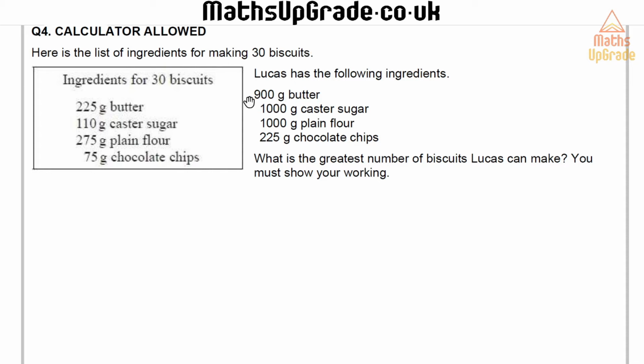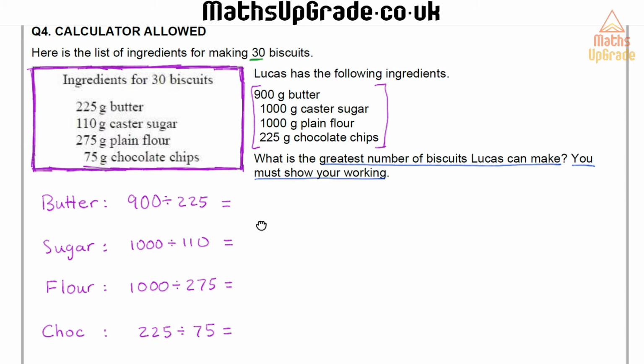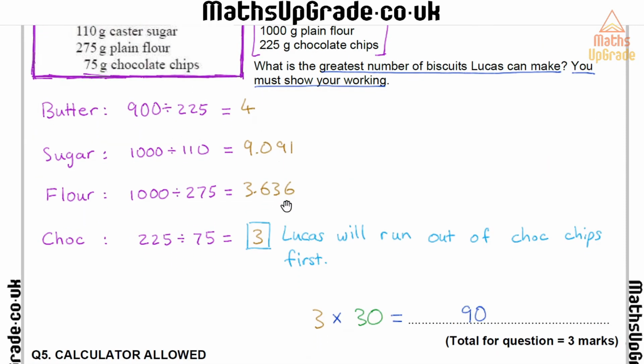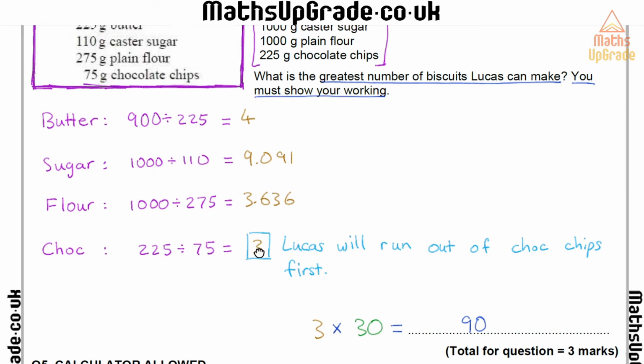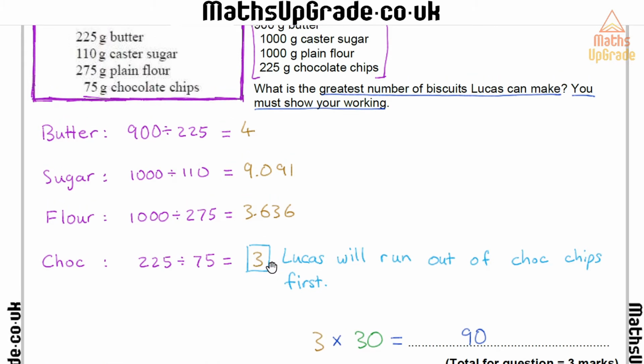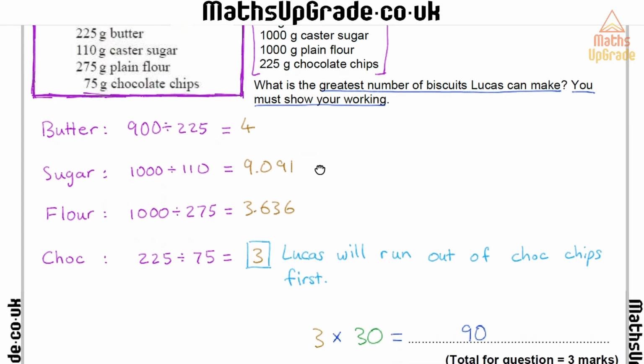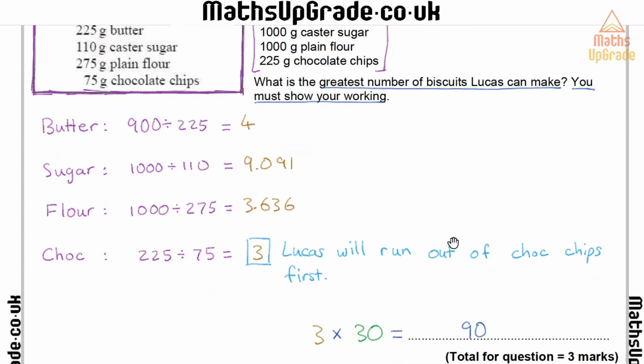We're going to divide 900 by 225, and we're going to do the same for the sugar, the flour and the chocolate chips. Doing those calculations with the calculator, you get 3 as the smallest number. So he's going to run out of chocolate chips first, and he's got enough chocolate chips to make 3 lots of this recipe. So 3 lots of 30 biscuits, and that's 90 biscuits for 3 marks.